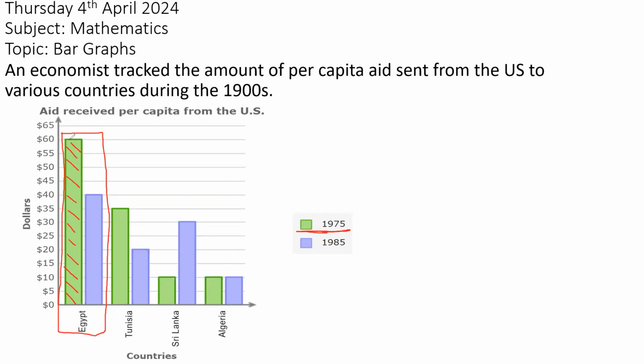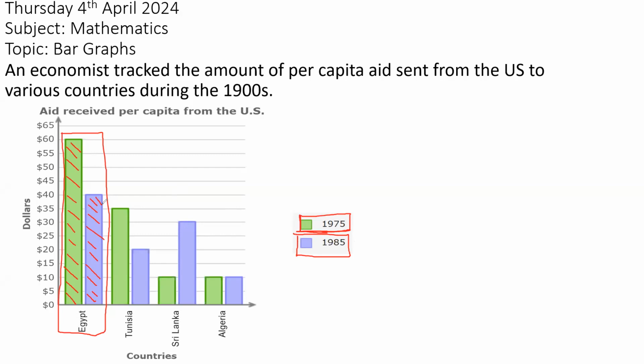And that's in 1975, okay? Then we have another one, Egypt in 1985. In 1985, that amount of money decreased. How much money was sent to Egypt in 1985 from the United States? $40, very good, okay?